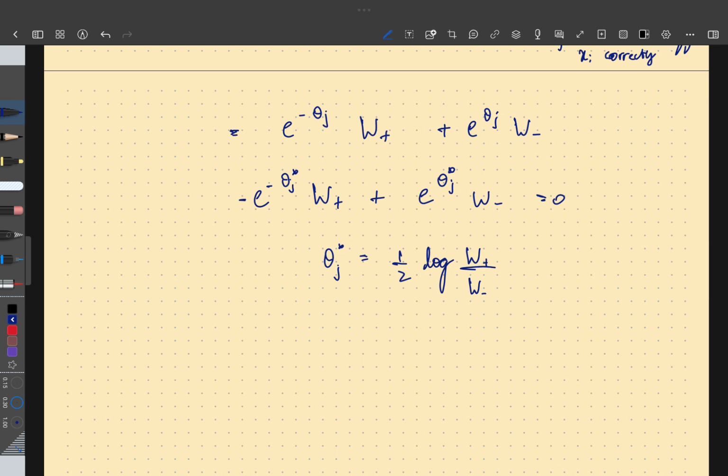But if you work out the details and try to find out what w plus and w minus correspond to, you'll see that in the context of AdaBoost, this ratio w plus by w minus will actually be 1 minus epsilon t by 1 plus epsilon.